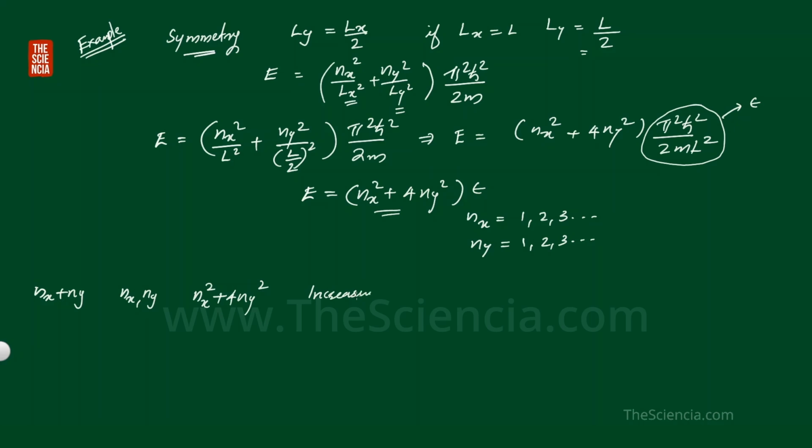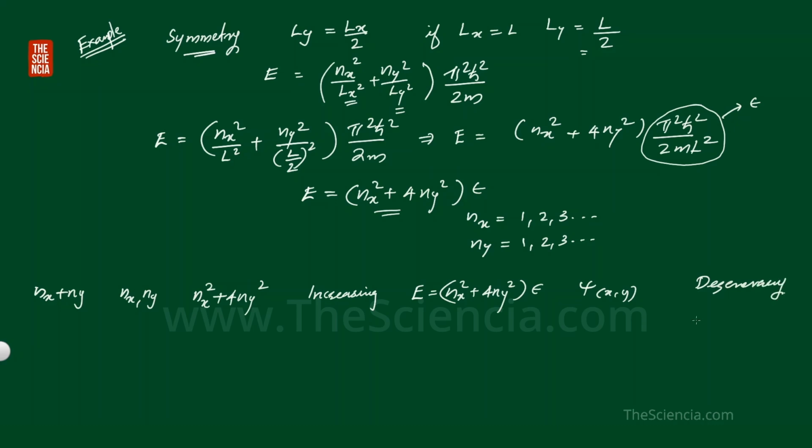Then I am going to write this in increasing order of energy. That is what we want to find out: first the degeneracy of the ground state, then the first excited state, then the second excited state. That is why I am writing the values in increasing order. The energy will be nx square plus 4ny square into E, then the corresponding wave functions, the nx ny combination, then the degeneracy.